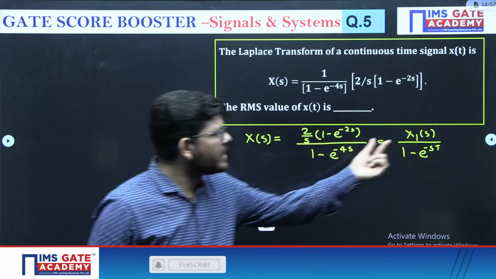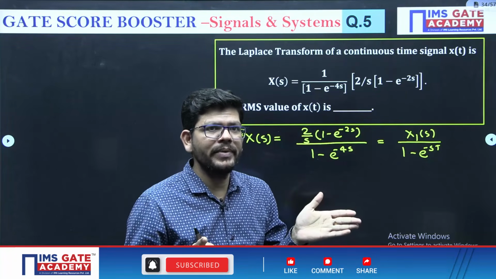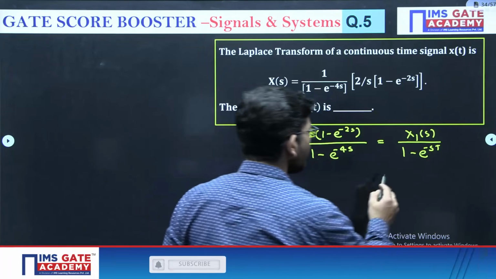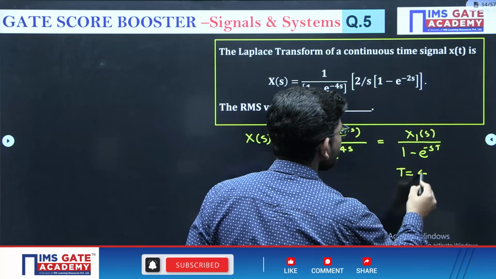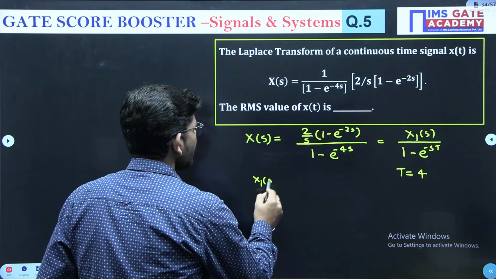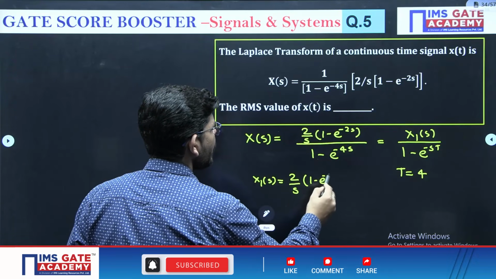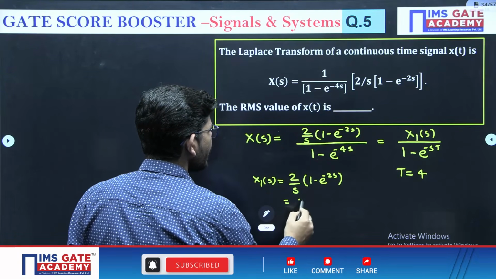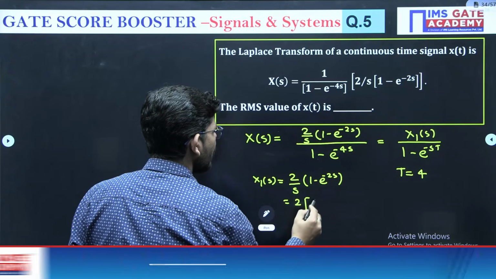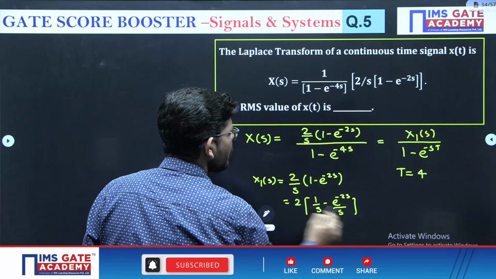Where X1(s) is the Laplace transform of the signal for the first time period, and the time period is going to be what? 4, right? So from here you will get that the time period is going to be 4. Okay, now X1(s) is 2 upon s times 1 minus e to the power minus 2s, or 2 I can take out, 1 upon s minus e to the power minus 2s upon s.